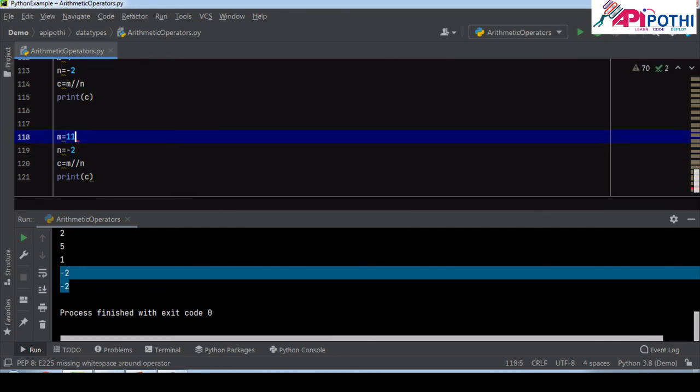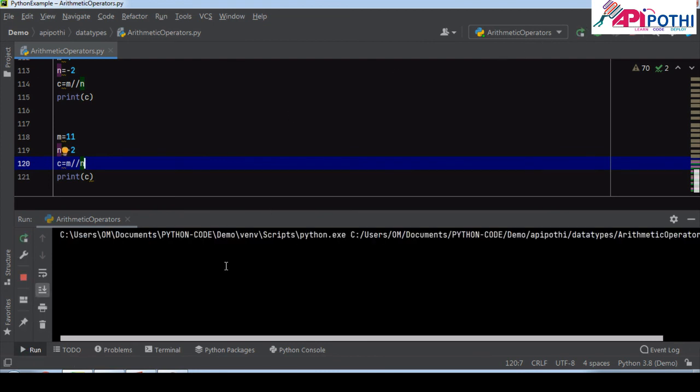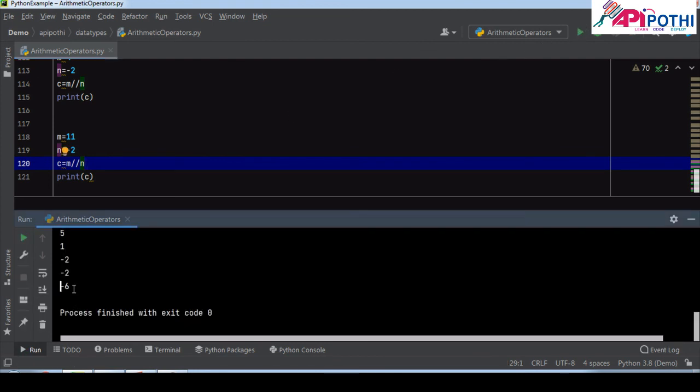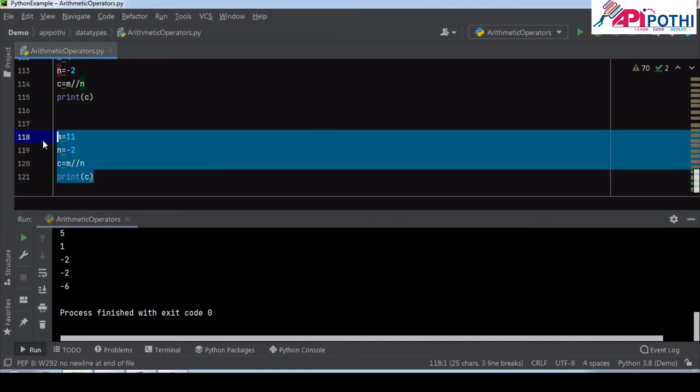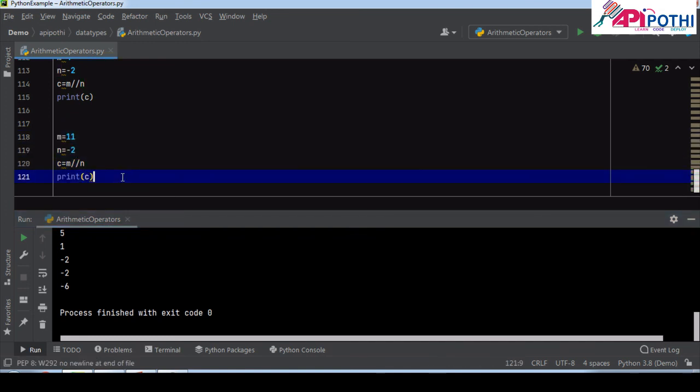So here you put 11 divided by minus 2. It should give you minus 6. Copy this one. Now you put minus 11 and 2. It should again give you minus 6 only, right?